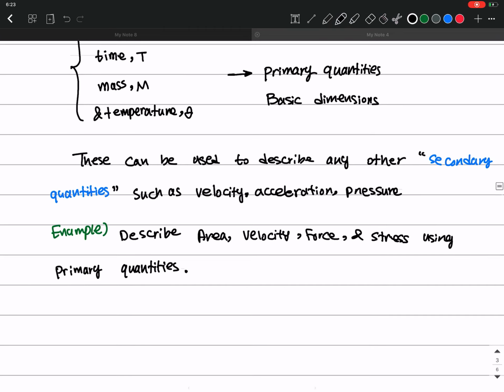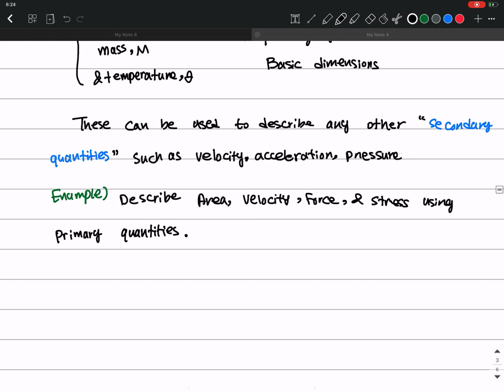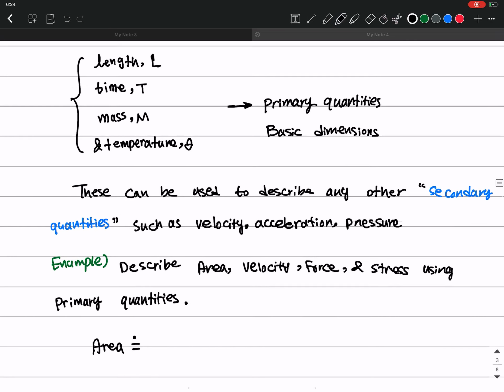Okay, let's see. So area can be described, and by description we show it with an equality sign with a dot on top of it. So what is area? An area is like a length squared, right? For example, if this is 3 meters and this is 4 meters, what will be the area of this? It is 3 times 4, which will be 12 square meters, right?